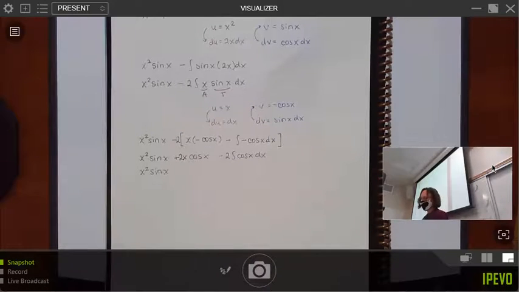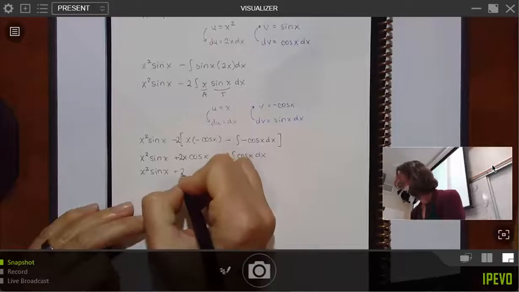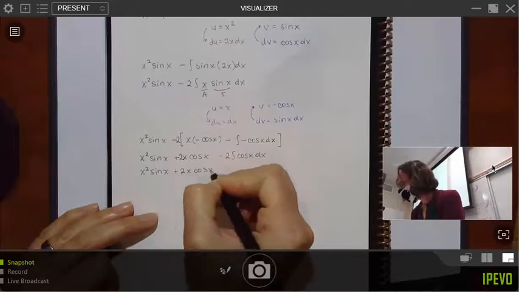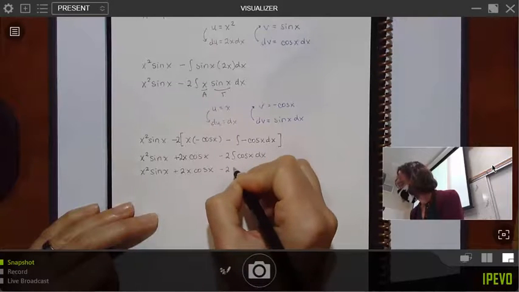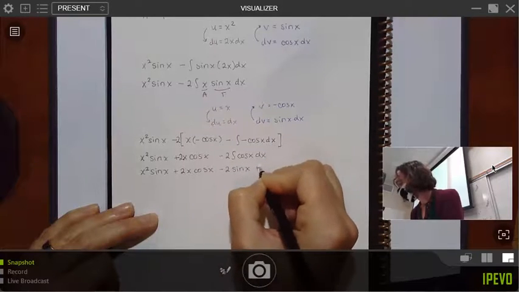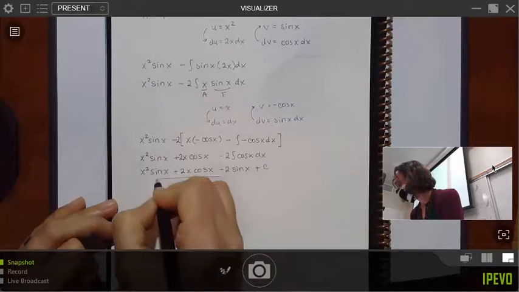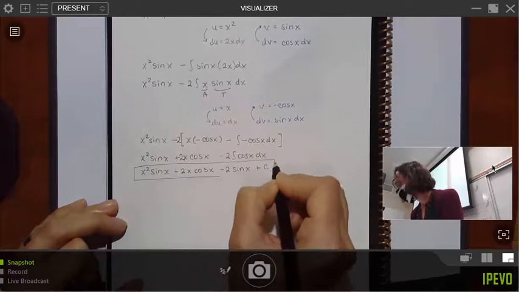It's not multiplying the integral, it's subtracting the integral. Correct. So plus 2x cosine x. And now I'm integrating cosine. So I'm going to have a sine of x plus a constant and finally be done.